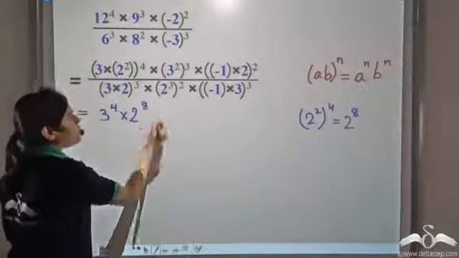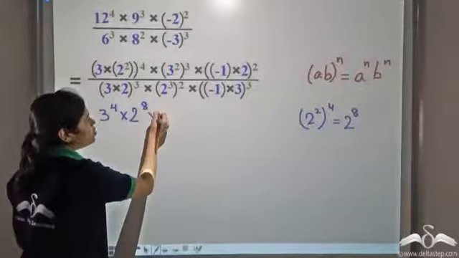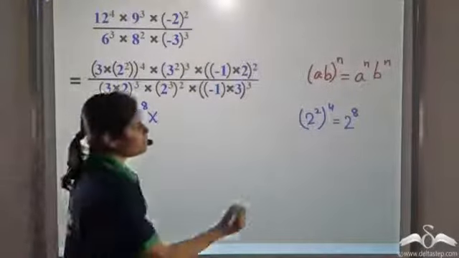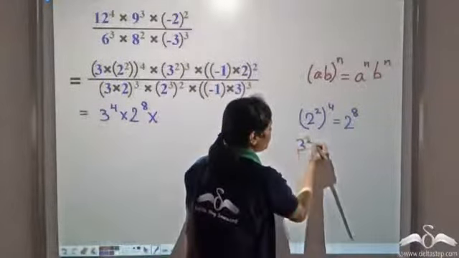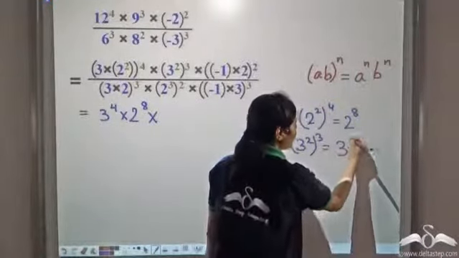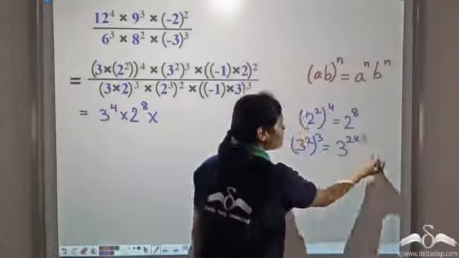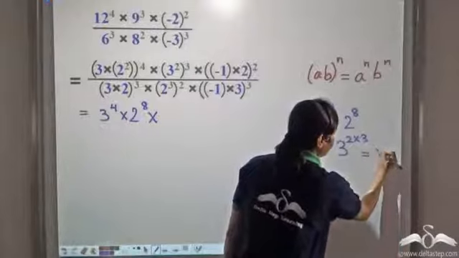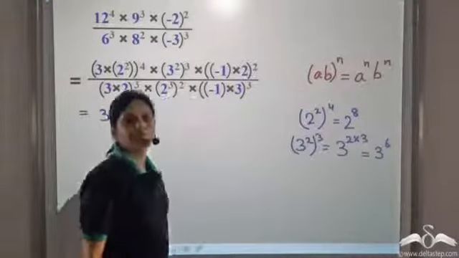So into 2 to the power 8 into 3 square to the power 3. 3 square to the power 3 is equal to 3 to the power 2 into 3. Now 3 to the power 2 into 3 is 3 to the power 6.